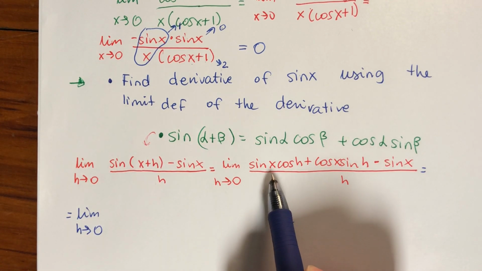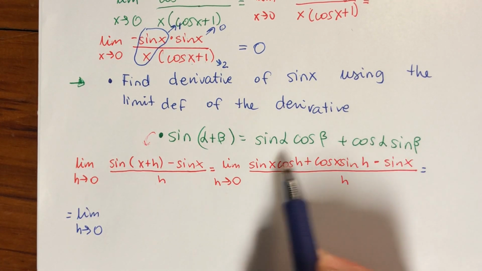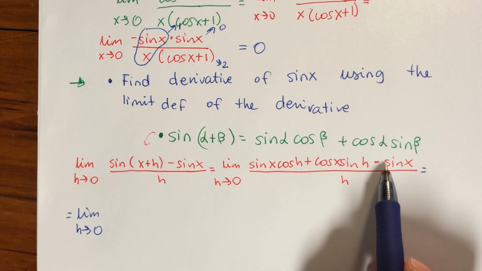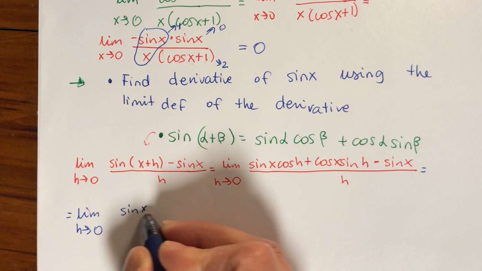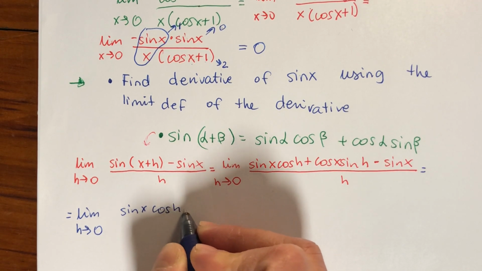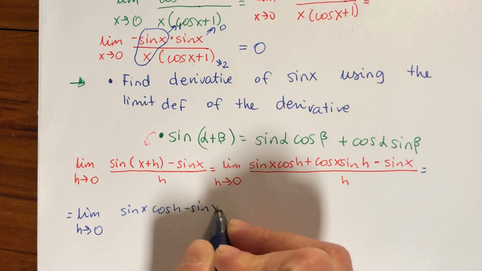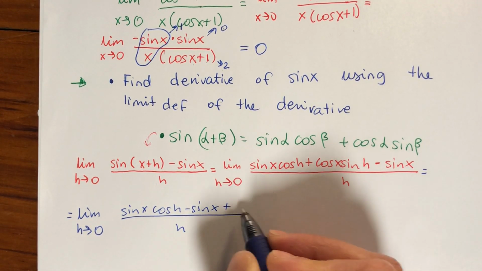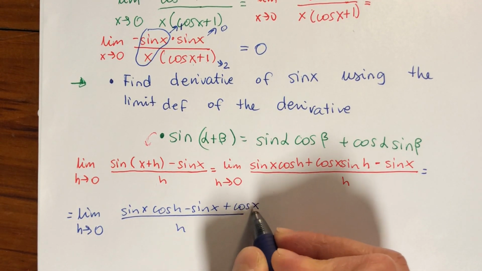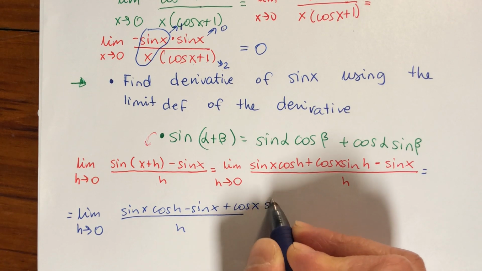I will just rewrite this in a different order. You will see in a second why I'm doing this. Sine of x cosine of h minus sine of x over h, and I am just moving the cosine of x sine of h, just changing the place.